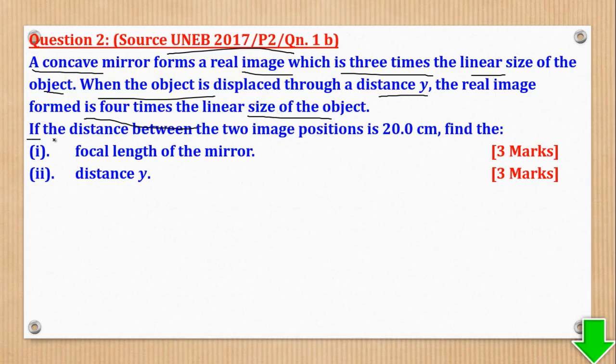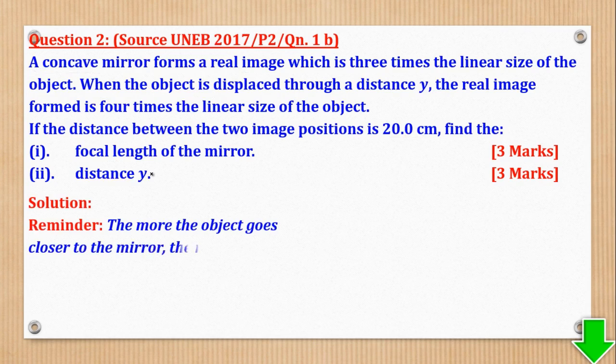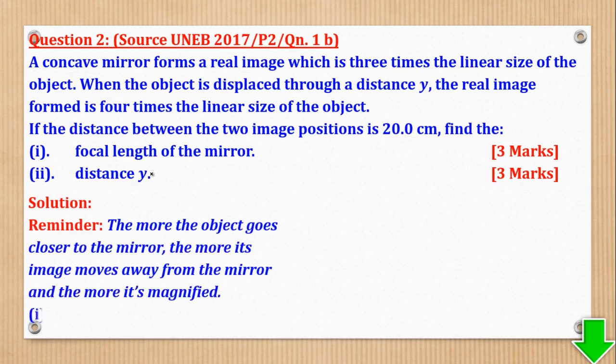If the distance between the two image positions is 20 centimeters, find the focal length of the mirror and the distance y. So still we shall remind ourselves, and then we draw a diagram to help us answer the question.